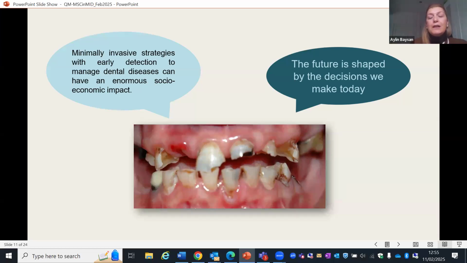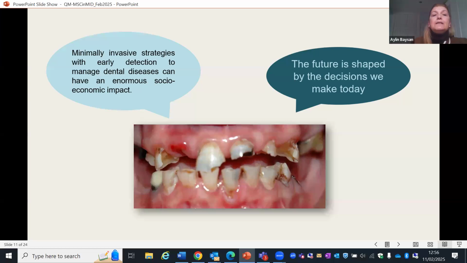So you decided to be with us and you decided to do this unique MID course, which is the only course in the world. And it's a wonderful opportunity for clinicians who want to understand the holistic approach, because early detection is very important, not only for dental caries or tooth wear, but for all dental disease.